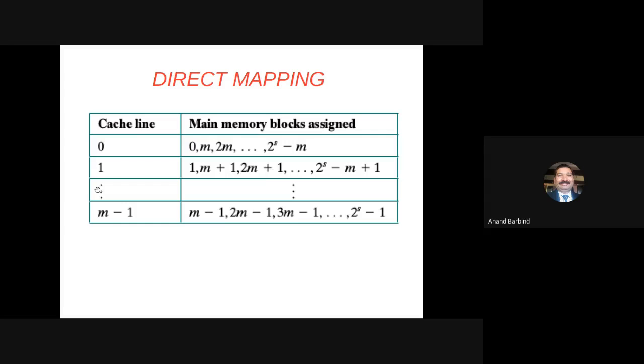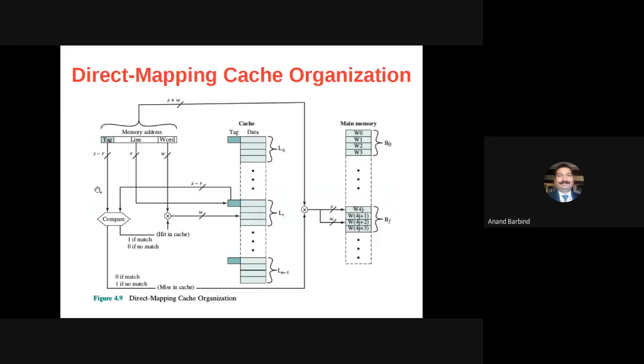So this type of mapping is called direct mapping. This is the diagram explaining how direct mapping takes place, or how the CPU does direct mapping.